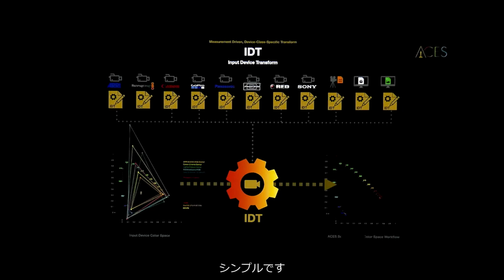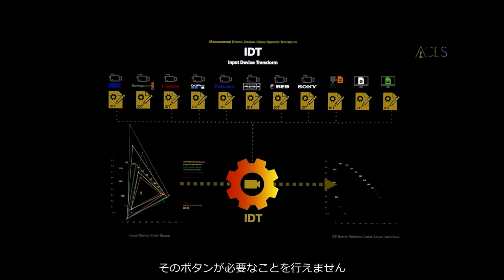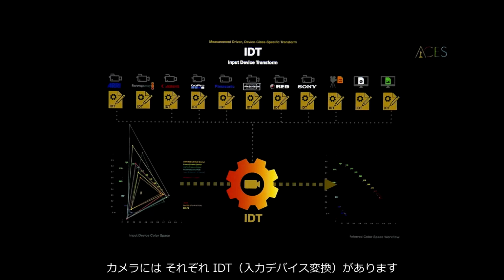That's simple. And I know, oh my God, should I know maths about that? No worries. It's seriously one button in Nuke. It's really, really easy. But if you don't know what the button is for, you cannot do what it needs. So this is the input. Every camera has its own input device transform.